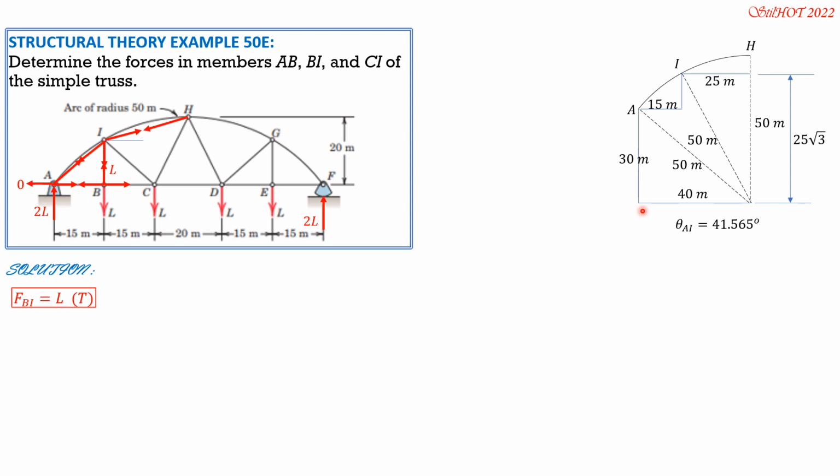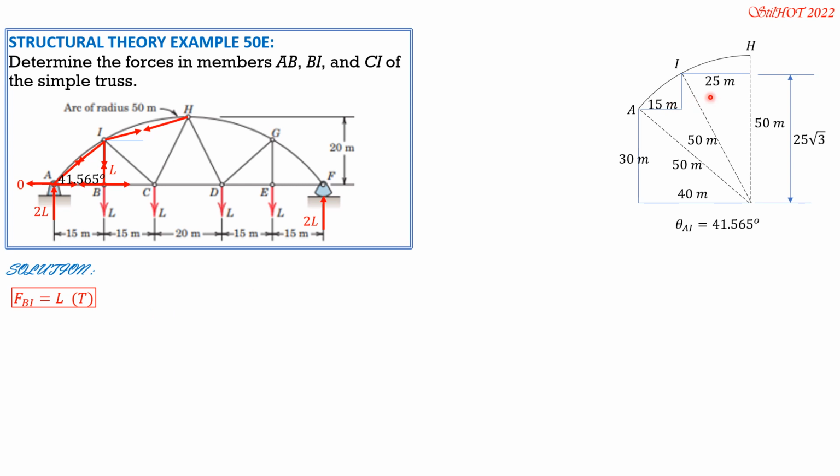That is 30 meters. And theta AI is therefore arctan of this vertical distance, 25 square root of 3 minus 30, divided by 15. Use your calculator there. So you'll get 41.565 degrees.